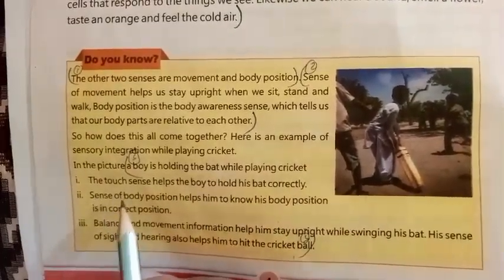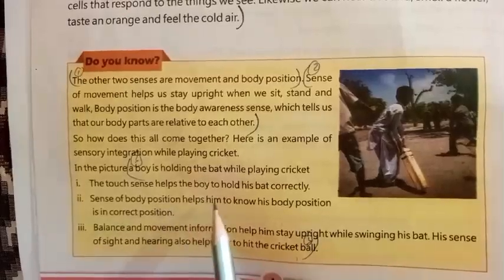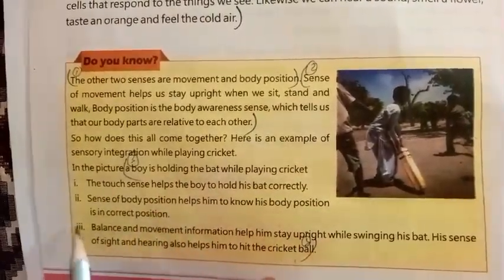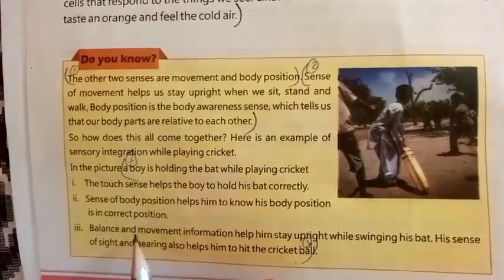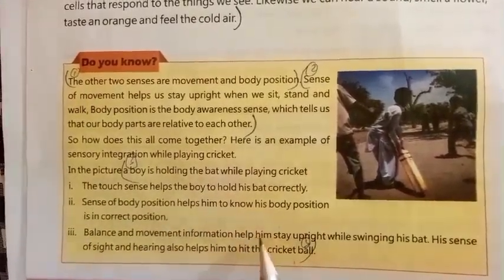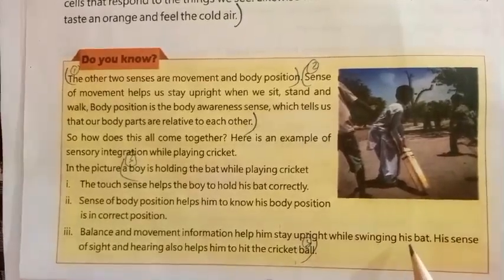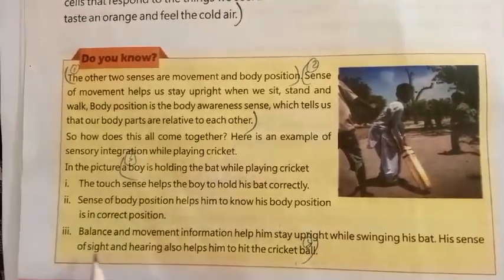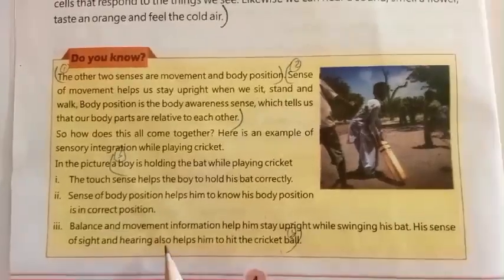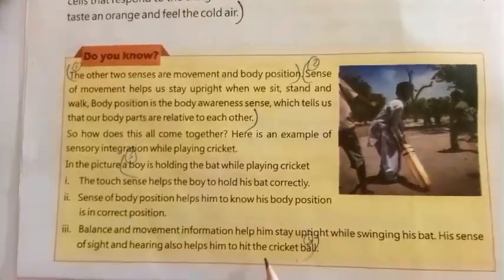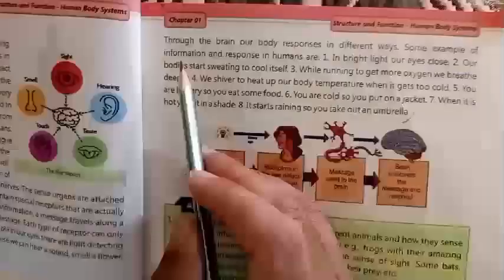Number 2, sense of body position helps him to know his body is in the correct position. Number 3, balance and movement information help him stay upright while swinging his bat. His sense of sight and hearing also helps him to hit the cricket ball.